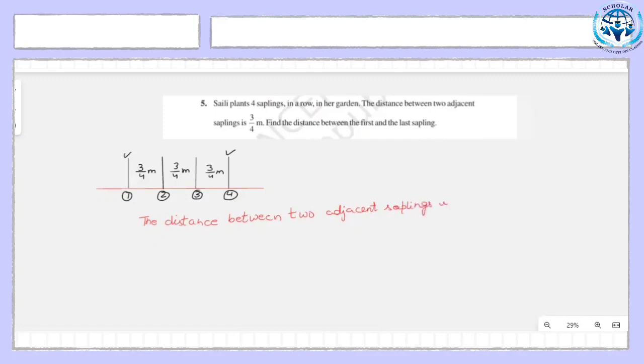The distance between two adjacent saplings is 3 by 4 meter. We have to write the language because it is a story sum.